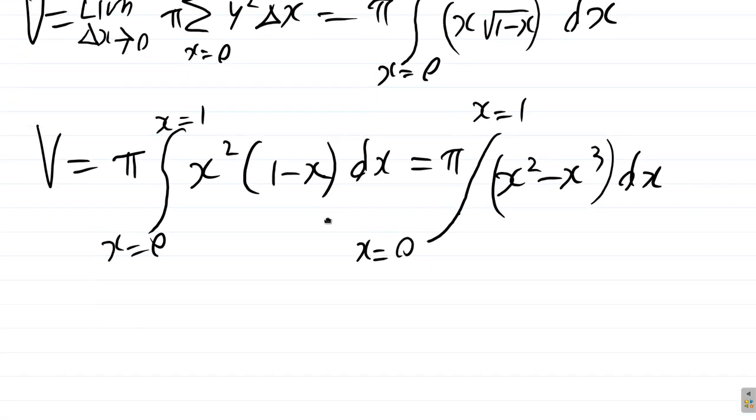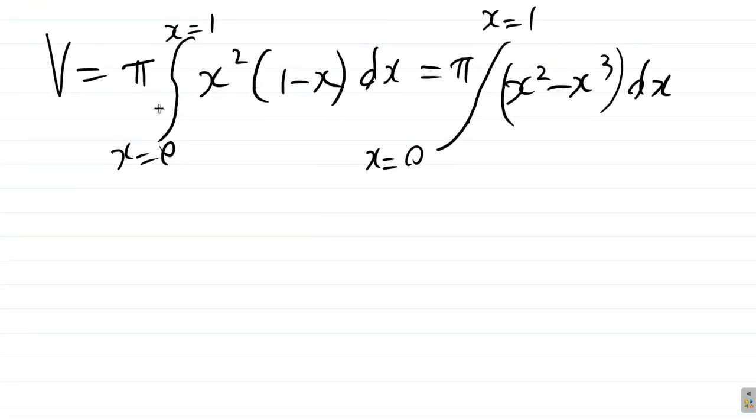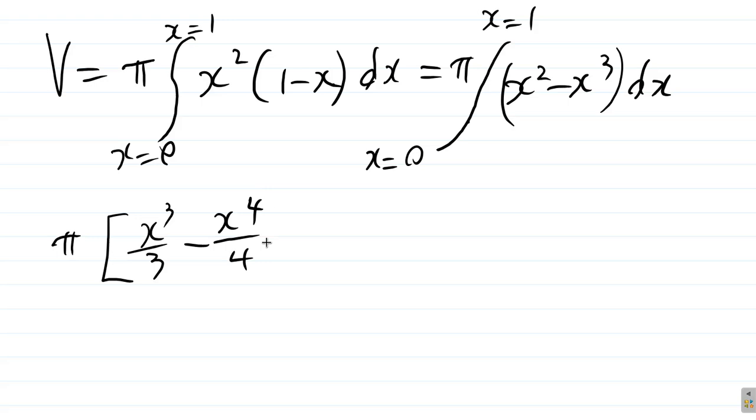Now, here, what you're going to get is pi times x cubed over 3 minus x to the 4th over 4, from x equals 0 to x equals 1. Right?